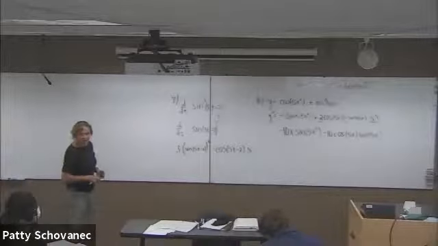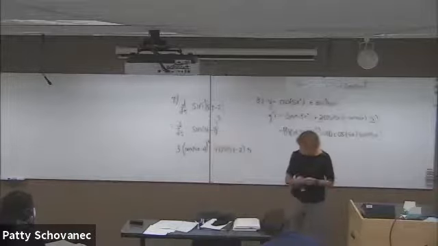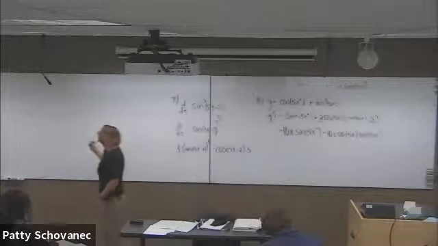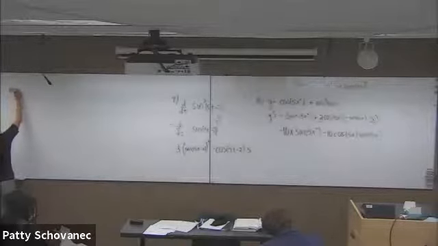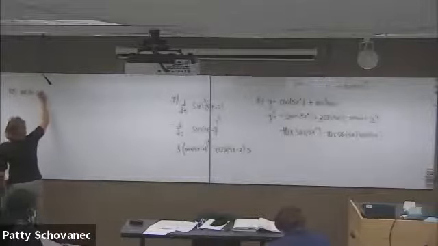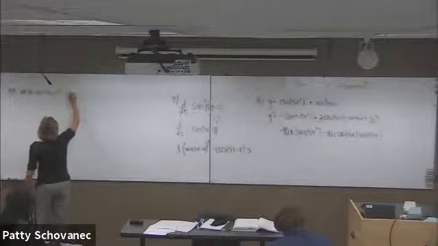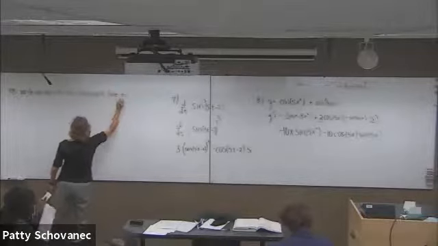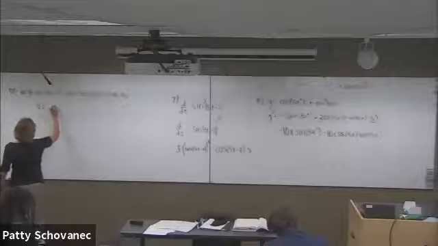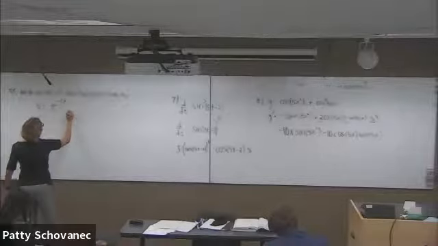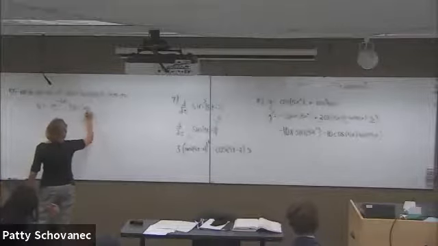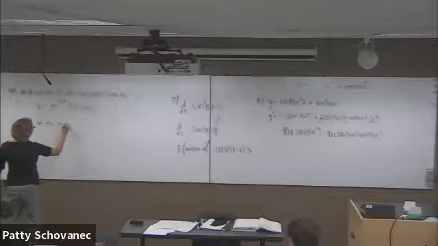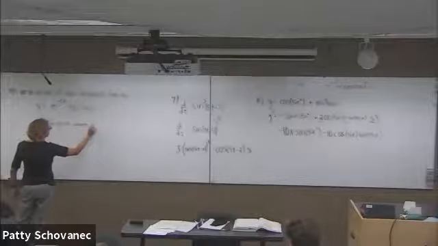Okay, you ready to write an equation of the tangent line? Right, equation of the tangent line to y is equal to e to the negative 3x sine of 4x at the point where x is 0.